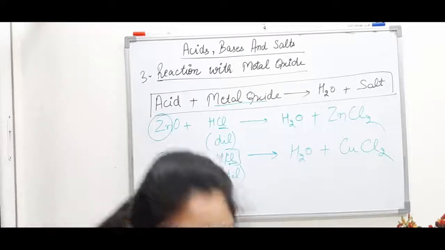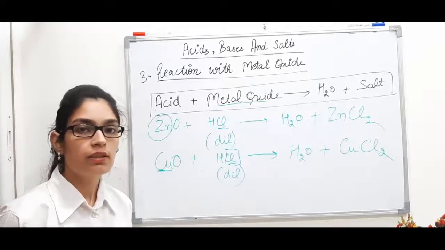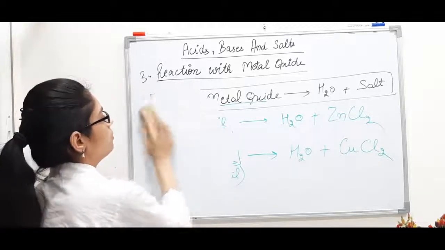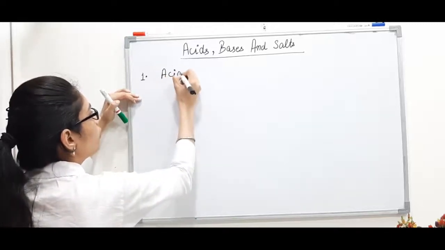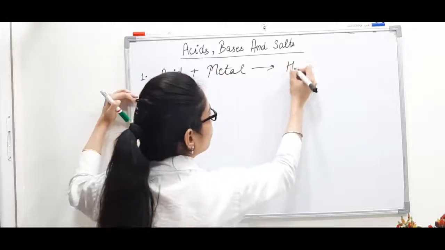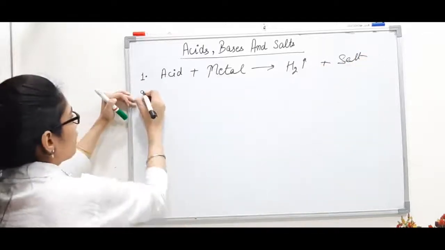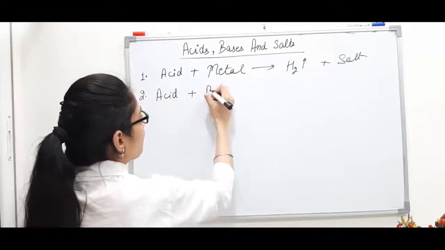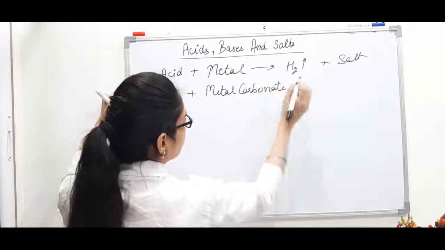Now let's recap all the three reactions. These were the chemical properties of acids, and we have discussed three types of reactions. Now we will revise all three. First reaction: acid plus metal, which gives us hydrogen gas plus salt of that metal. Second reaction: acid plus metal carbonate or metal bicarbonate. The reaction was the same for both.